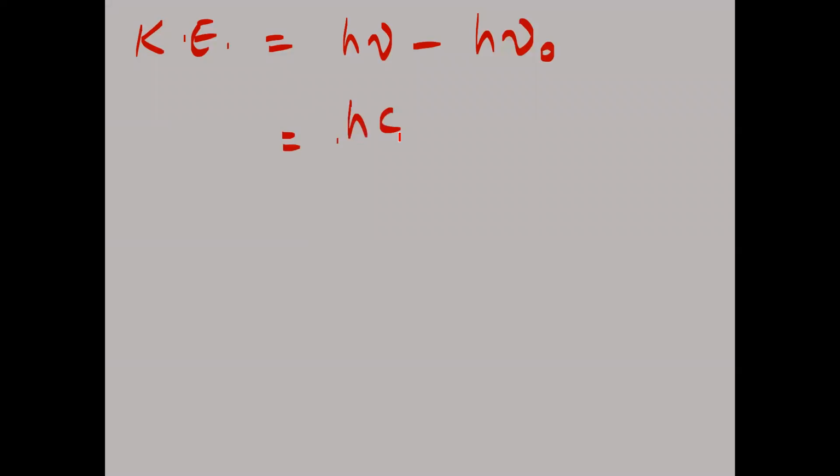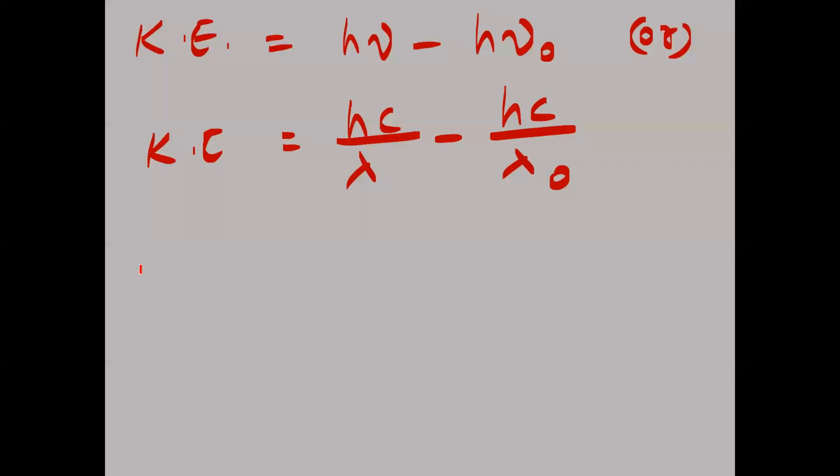Next, the same formula, kinetic energy of photoelectron is equal to h nu minus h nu naught. We can also write it as hc by lambda minus hc by lambda naught. What is lambda here?